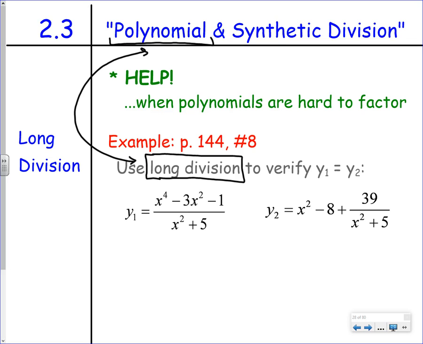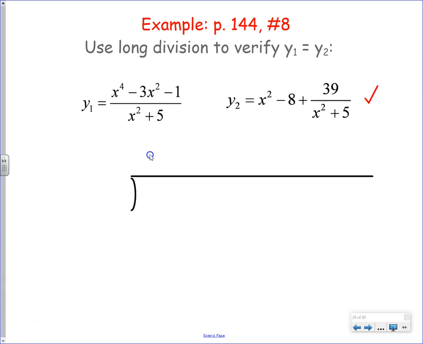In order to do this division, let me go to a new page where I can have more room. Sound good? So here's our example. We need to show that the left is truly equal to the right. Do you remember, just with fractions in general, what could be some sort of improper fraction that you might need to use long division for?